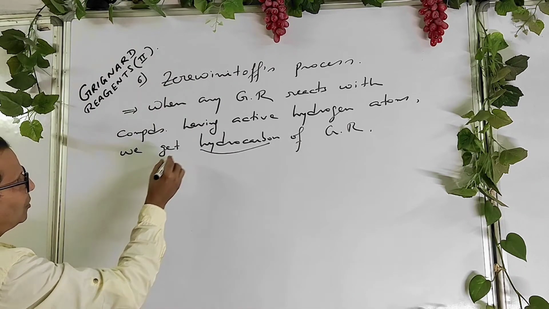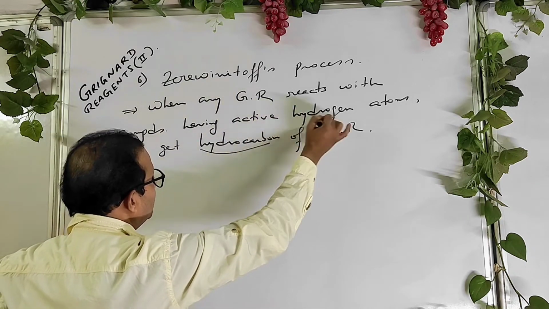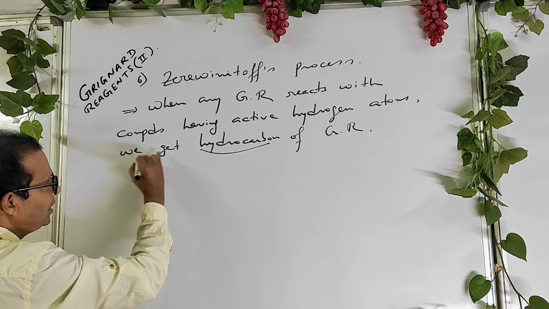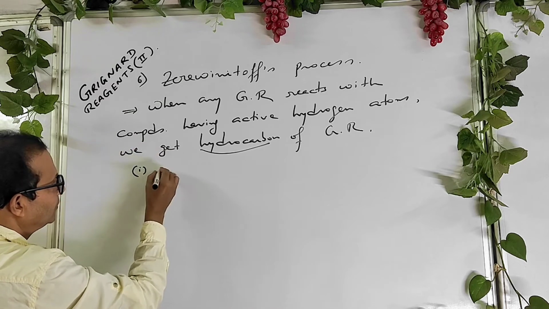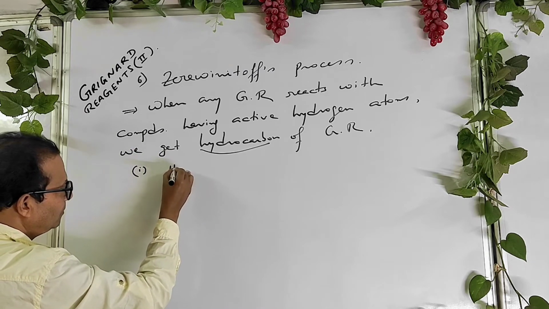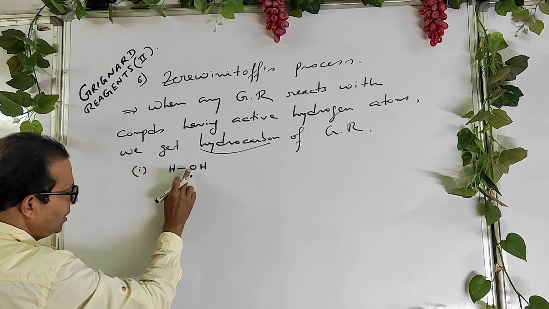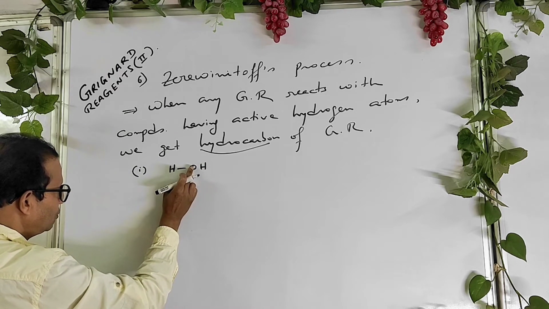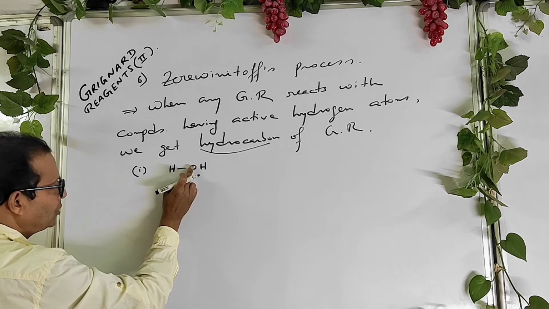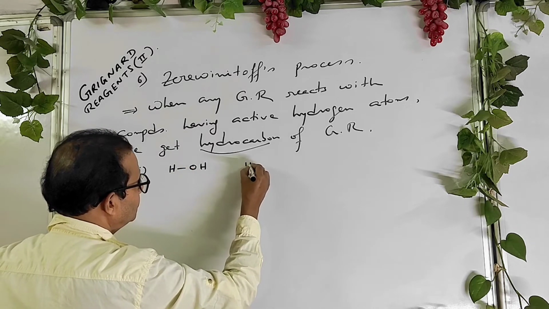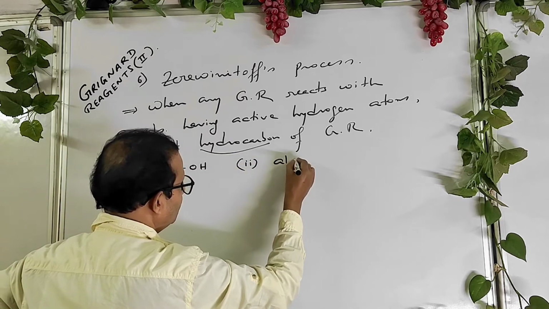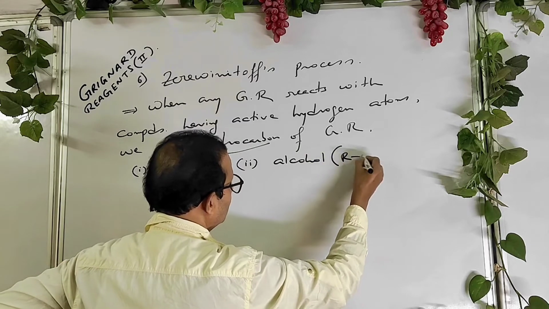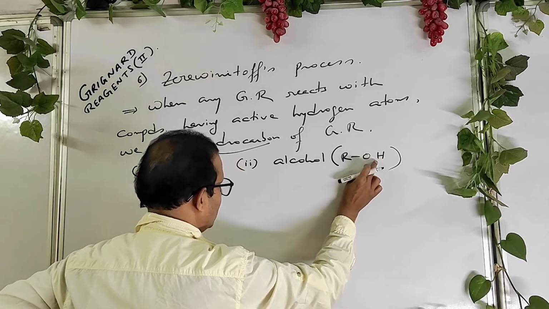For example, what are the compounds containing active hydrogen atoms? The active hydrogen compounds are water, because in water one hydrogen is acidic in nature as it is attached to the more electronegative oxygen atom. Any alcohol, ROH, this is active hydrogen.